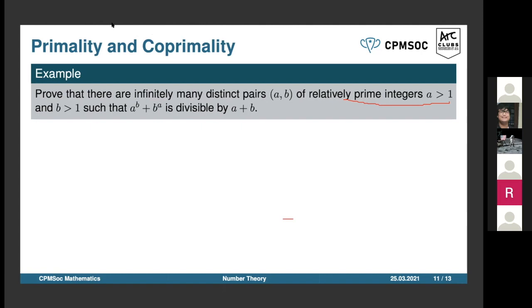But this is kind of similar to the previous one that I did, which was whether or not there are a certain amount of distinct pairs, right? This time we're given that there are, so we're proving that this is a truthful fact. To do that, we need to be able to construct infinitely many distinct pairs.